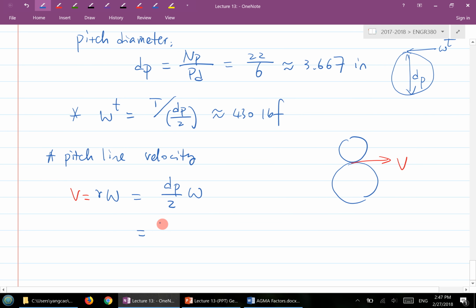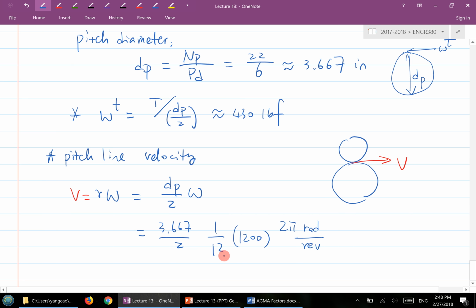So 3.667 divided by 2. But we don't have omega. What we're given is 1200 RPM. So we need to multiply by 2 pi, since every revolution is 2 pi radians.